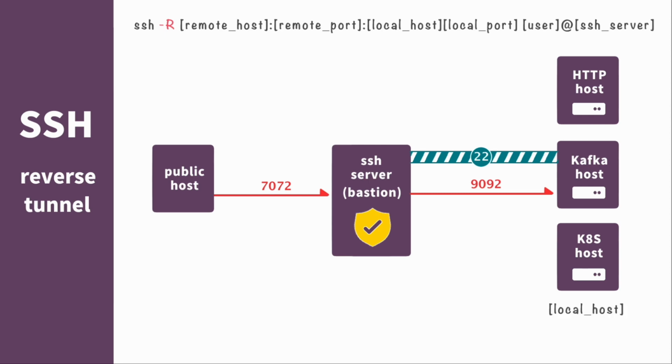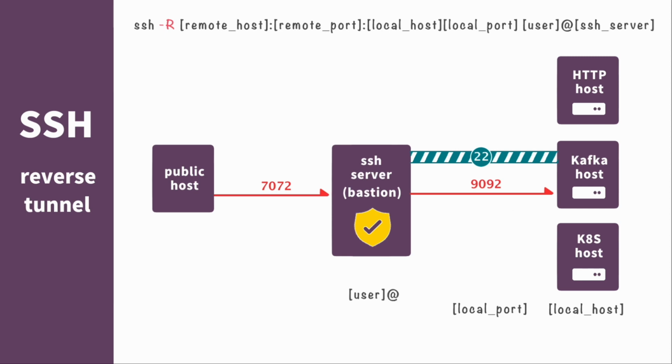First, the local host on the right refers to which server you want to open up. The local host in our example here is the Kafka host. And then the local port refers to which port you want to open for your host. In this example, it is 9092 of the Kafka host.